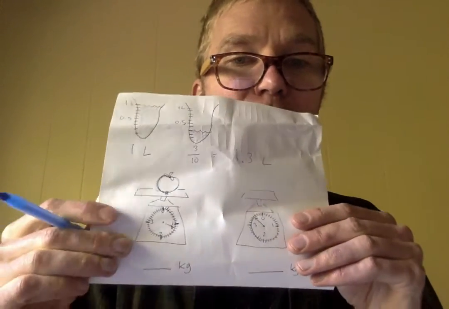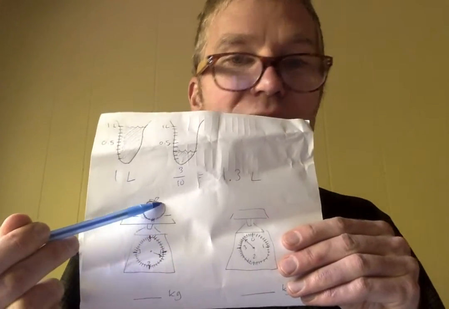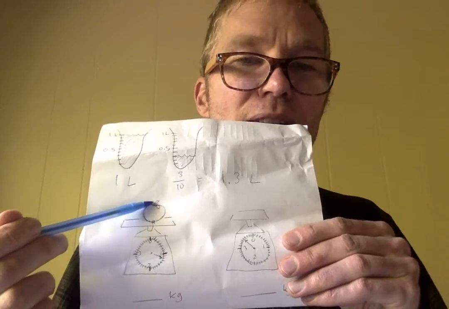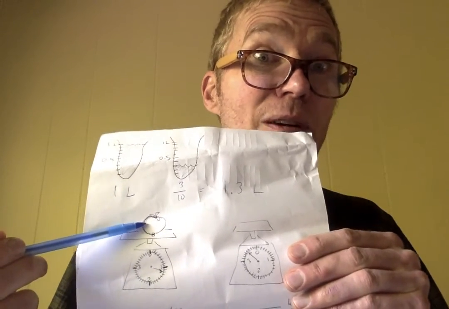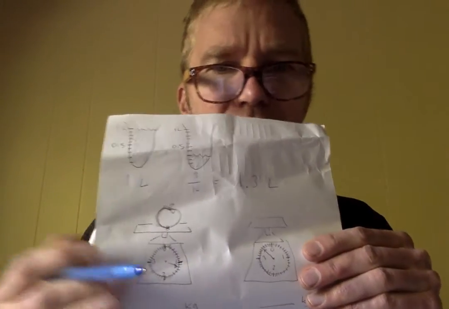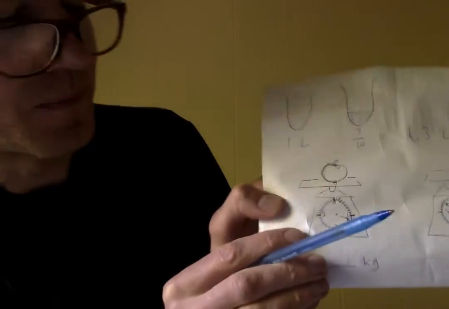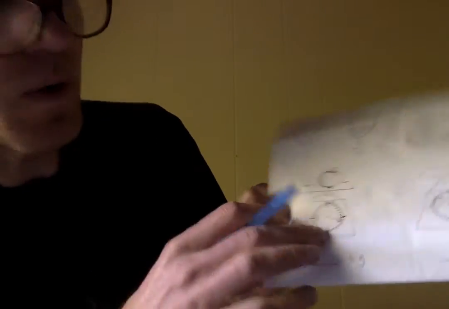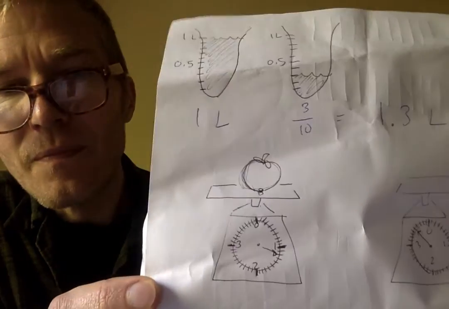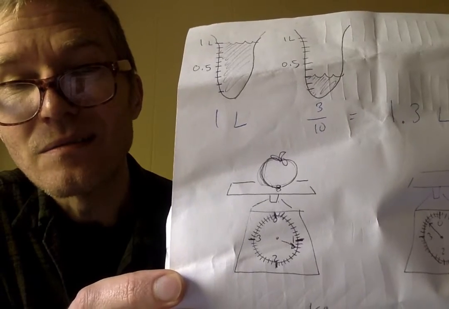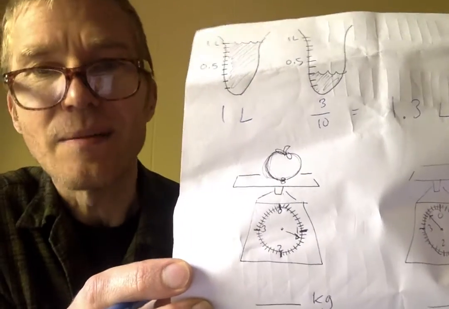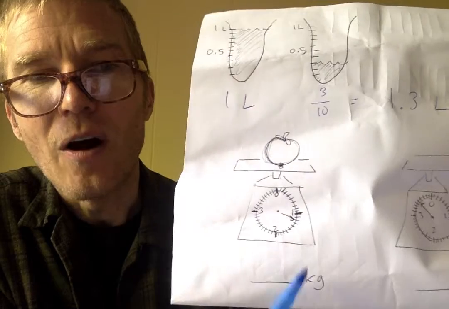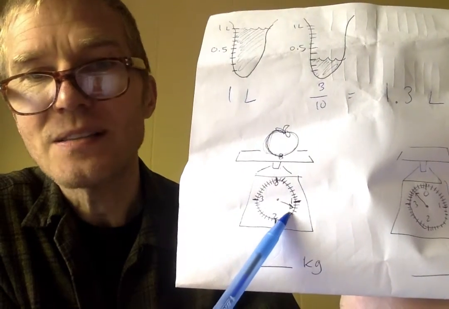You might see some measurement like this, where let's pretend that's an apple. It's a pink lady apple. That's probably my favorite. How much does it weigh? Let's check it out. It's more than 1, but it's less than 2. So it's going to be 1 point something. They're all in tenths because in the metric system, everything's in tenths.